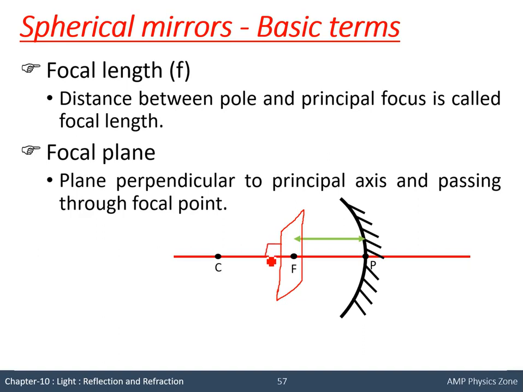Whenever parallel rays are coming to the mirror, after reflection they will fall on the focal plane. If these parallel rays are parallel to the principal axis, they will converge exactly at point F. If they are not parallel to the principal axis but only parallel to each other, then after reflection they will converge to a point which lies on the focal plane.